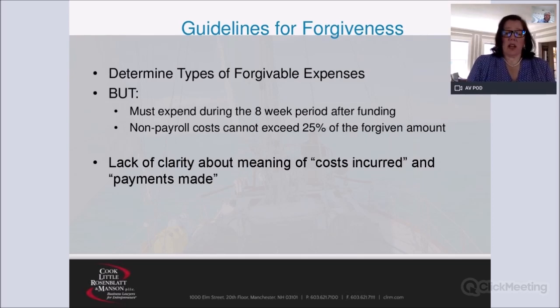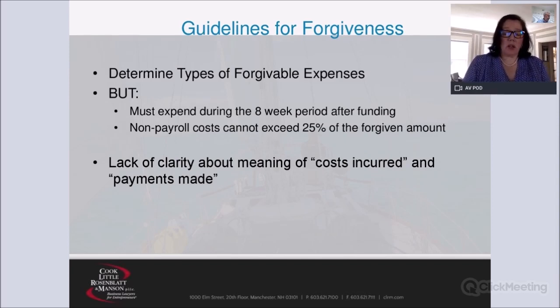And there is language, and it's unclear to people, especially on these prepayment issues, what the Paycheck Protection Program says: that the forgivable expenses must be for costs incurred and payments made in the 8-week period. Does that mean that the cost has to both be incurred and the payment made in the 8-week period? The "and" would seem to suggest that.